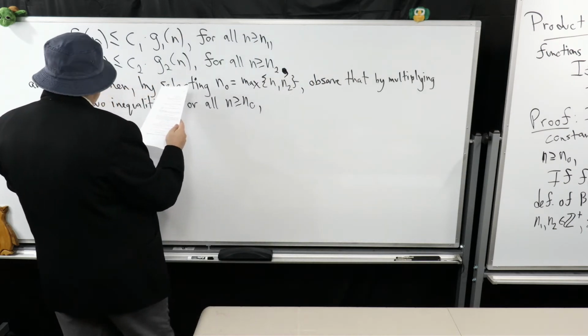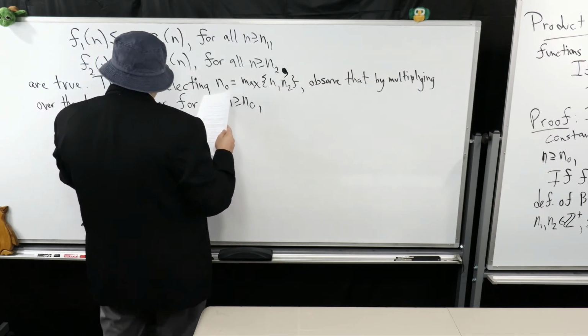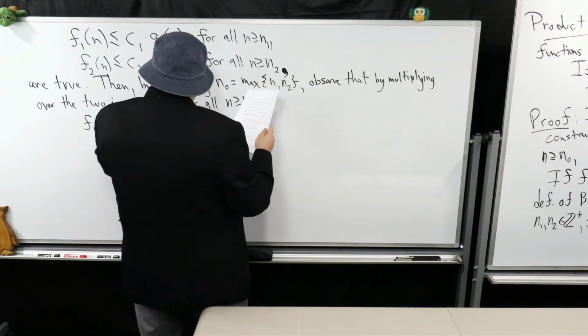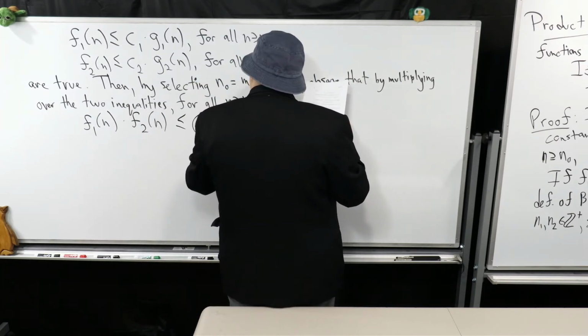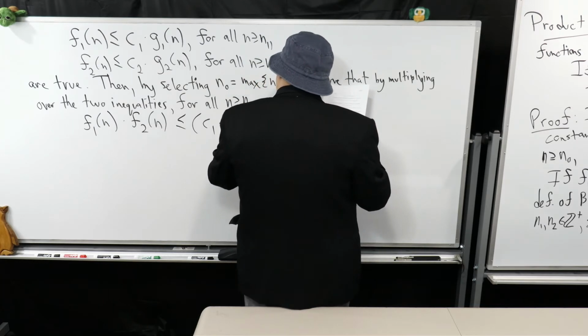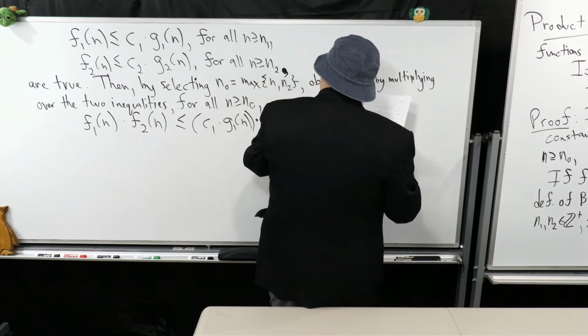What should that end up being? It should be F1 of n times F2 of n, which is less than or equal to C1 times G1 of n times C2 times G2 of n.